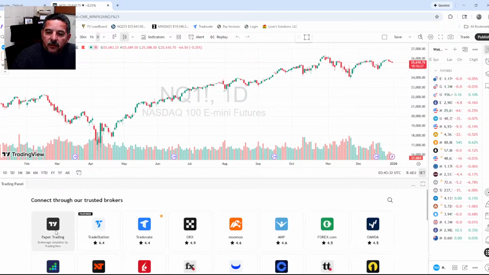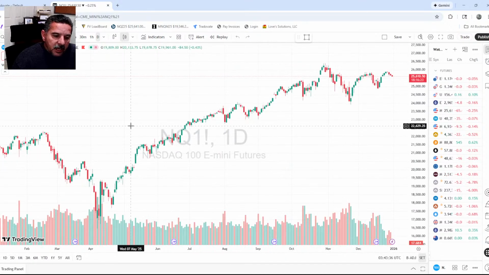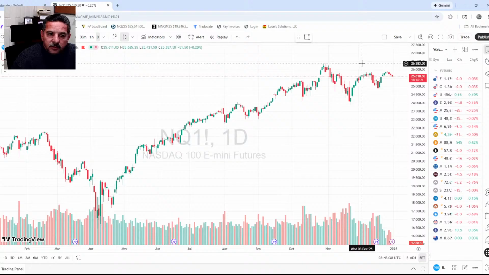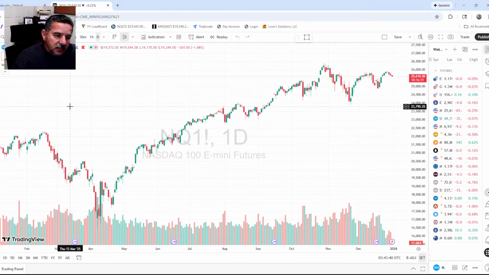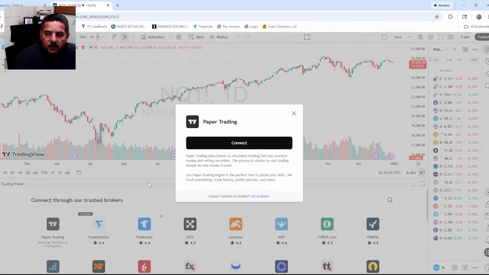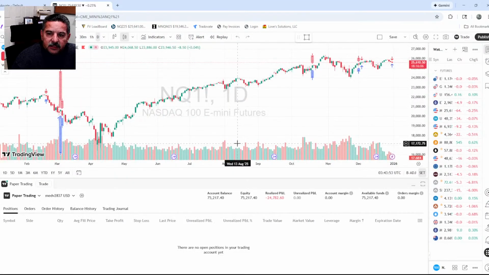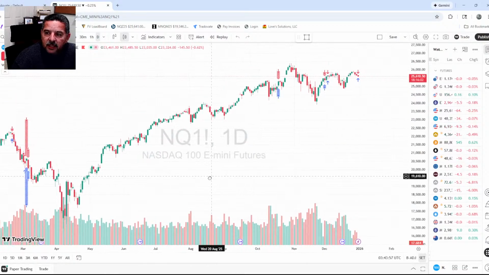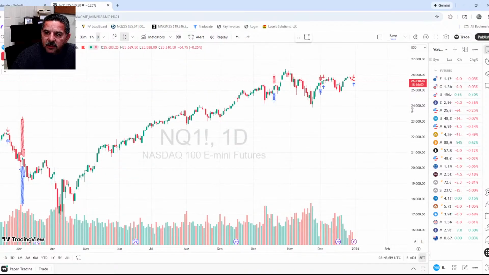Okay, so again, you make your account. Put in an email, password, and all that stuff. Once you do that, this is free. Remember, you go here, you click on that arrow, then you go here where it says paper trading. You click on that, connect, then you go back over here, close that out, and you're able to trade.